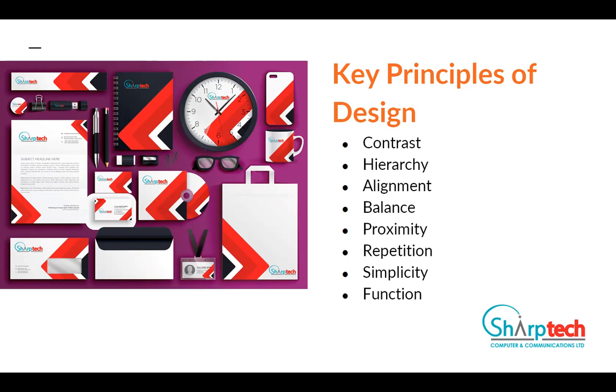Like MTN, MTN's main color is yellow, not so? So when you are designing work for MTN, you are supposed to work within the yellow color, and you don't start using another color like purple. There you are breaking this principle of repetition or consistency.